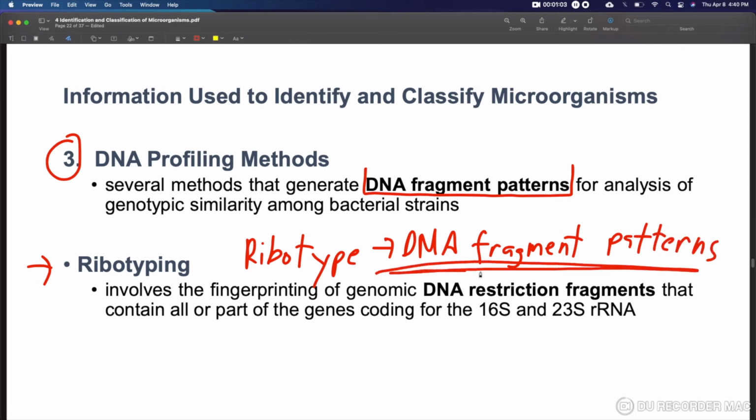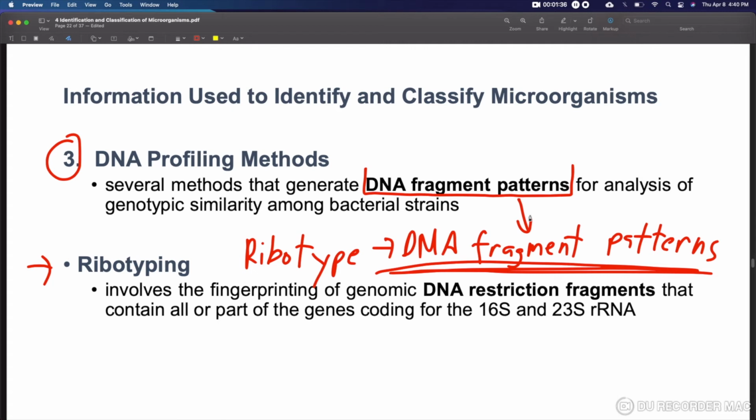So the ribotypes are the DNA fragment patterns that we create. Just like your karyotype, right? In karyotyping in your Bio 140, a karyotype is the image, the fingerprint of your chromosomes. In ribotype, it's the image fingerprint of the different DNA fragment patterns of your microorganism.